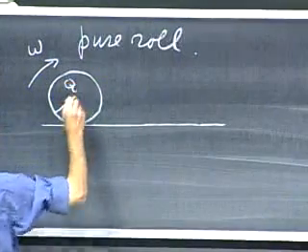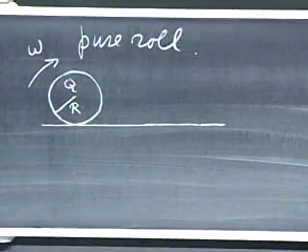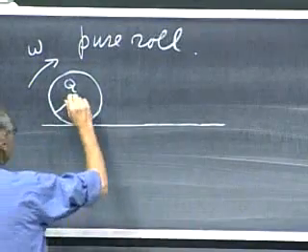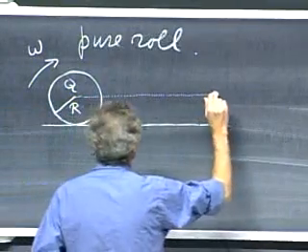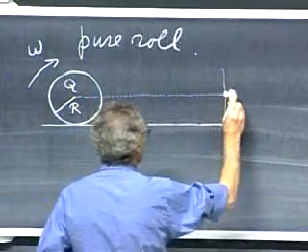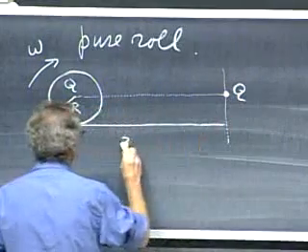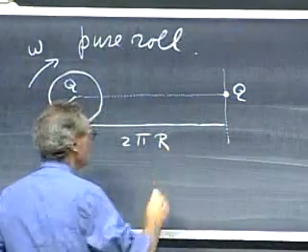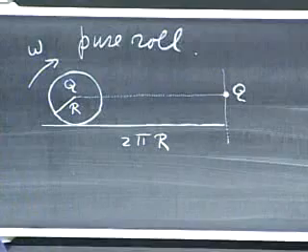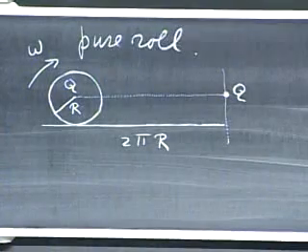The center is called point Q. Once it has made a complete rotation, if then the point Q has moved over a distance 2 pi r, then we call that pure roll.